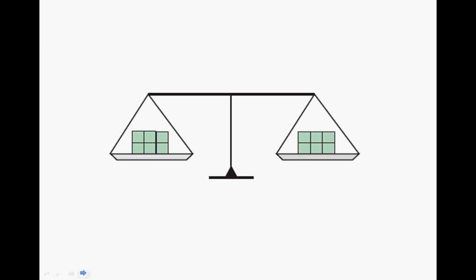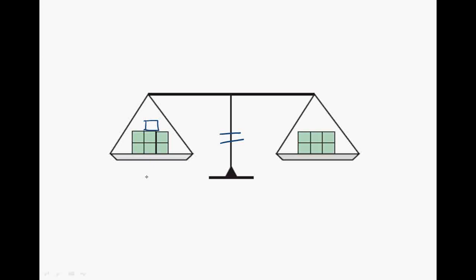The way we like to think about equations is like a scale. We always want equations to be balanced. So for this scale, the left side equals the right side. Whatever you do to one side of an equation, you have to do to the other side. For example, if I were to add one more block onto the left side and I didn't add it to the right side, it would bring the left side down, and we don't want that.